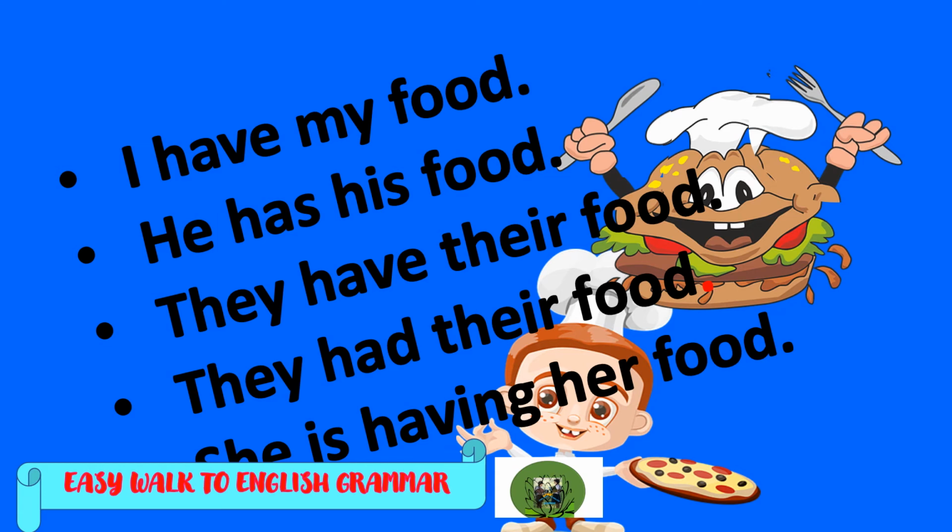The meaning is same. He has his food. He is not hungry now. Coming to the third sentence, they have their food. They is plural and we have to use the base form along with a plural subject. The meaning is same. They are not hungry now. They have their food.